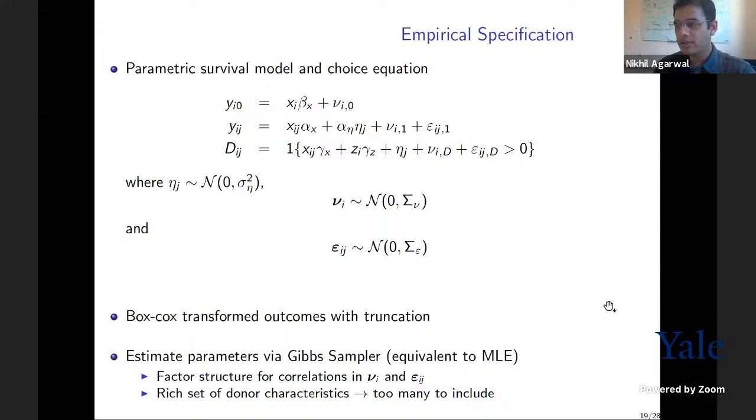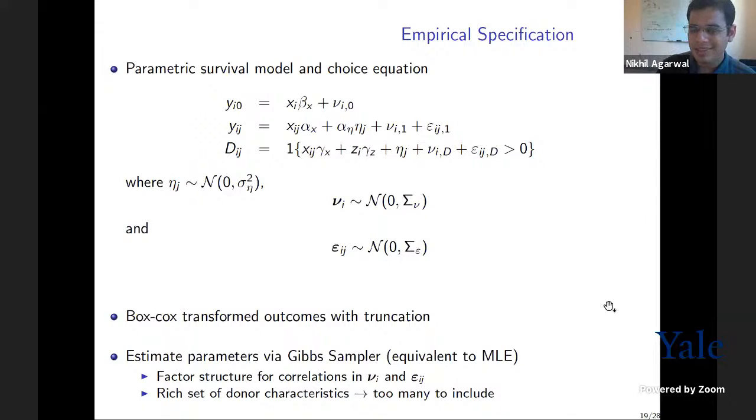We take the survival quantities, capital YI and capital YIJ, use a Box-Cox transformation, and then specify it as a linear normal specification. We assume that the error terms nu I, nu 1, and nu d are jointly normal, and the epsilon terms are also jointly normal.